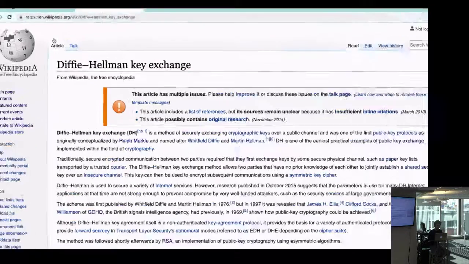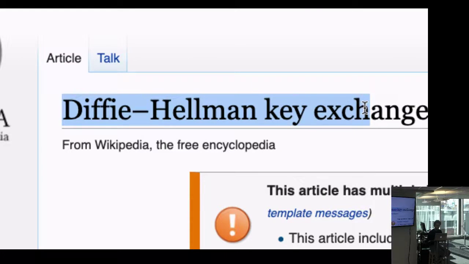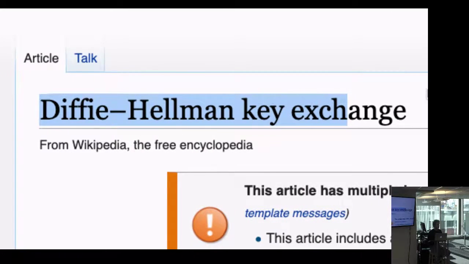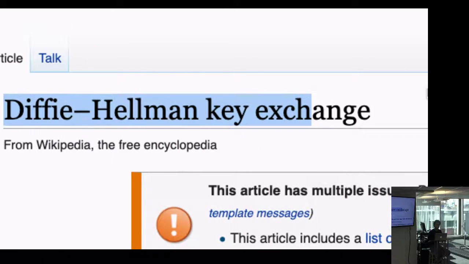Diffie-Hellman key exchange. Does anybody know why it might be called the Diffie-Hellman key exchange? Anybody want to throw out some random obvious guesses? I don't know. Why would it be called the Diffie-Hellman key exchange? Yes, the two famous goldfish named Diffie and Hellman.